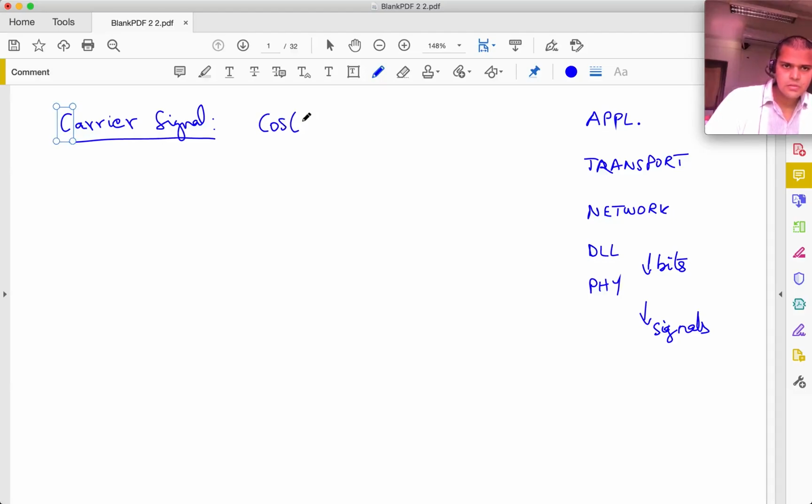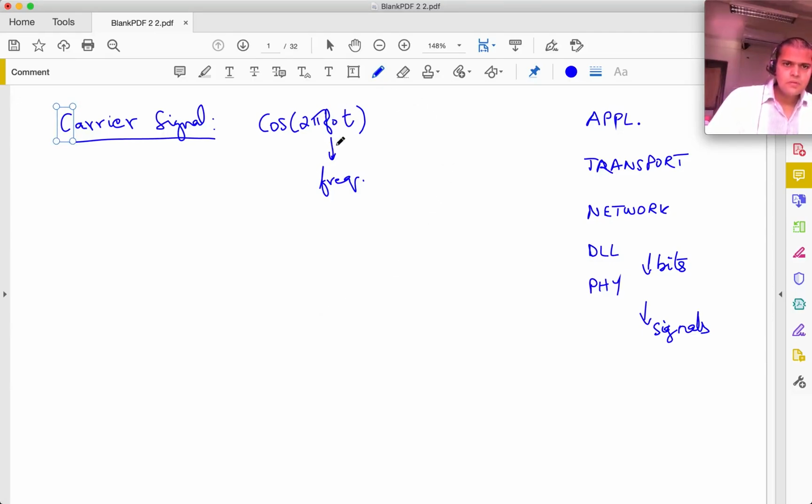It's cosine 2 pi f0 t. This is the carrier signal that we have. Okay, and f0 is the frequency assigned to us by the government to transmit. So Wi-Fi would use a particular open unlicensed band, and we would use a frequency corresponding to that band.